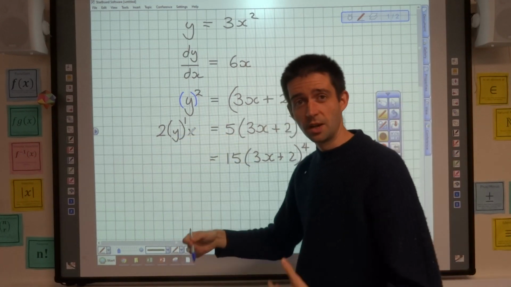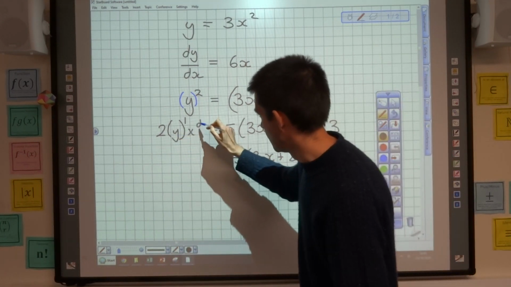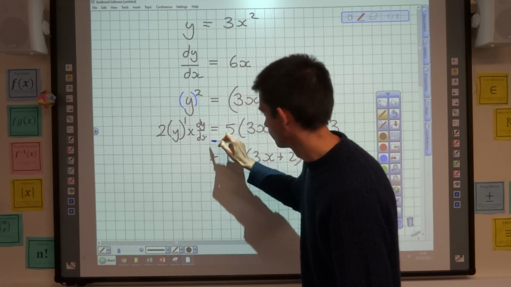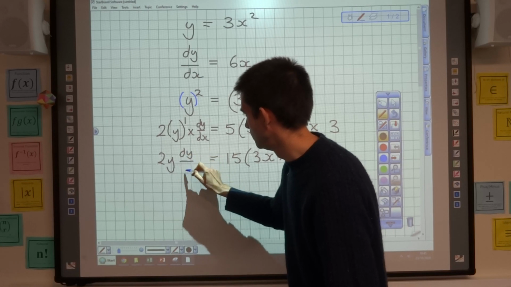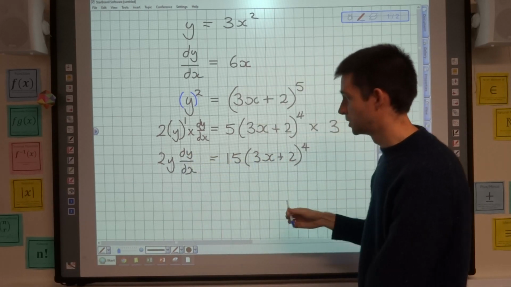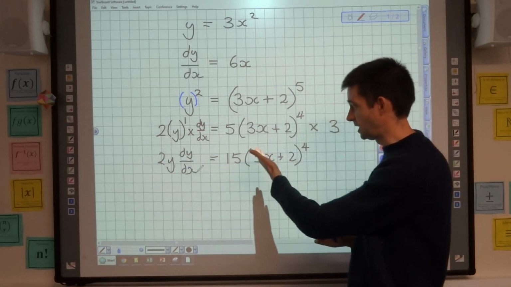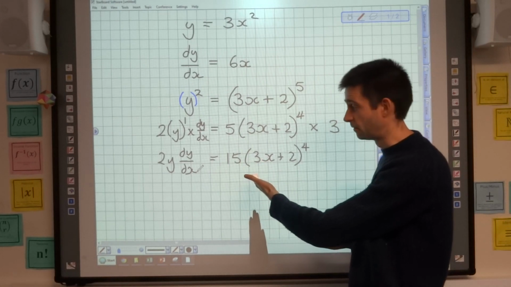When you differentiate y with respect to x, you get dy/dx. So what I would now have is 2y dy/dx equals the right-hand side, 15(3x + 2) to the power of 4.